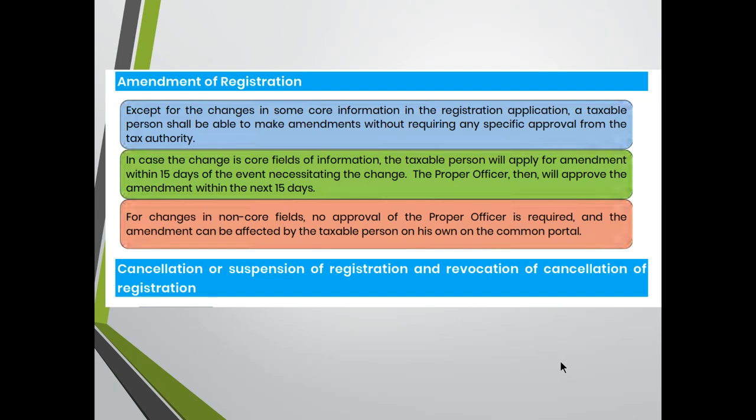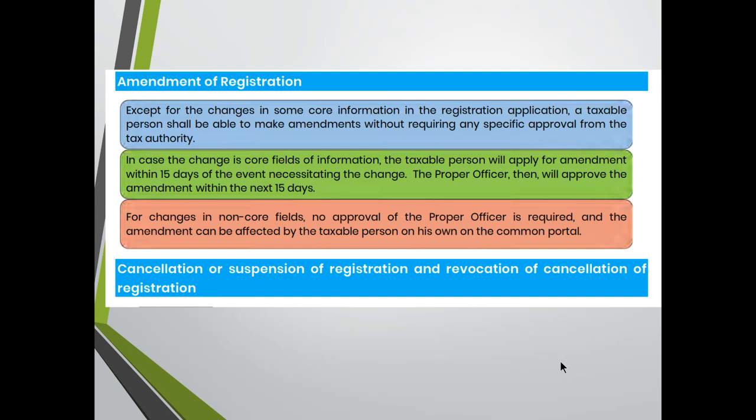In case of the non-core field amendment, meaning email ID, mobile number, or some small things that you want to change, without going for departmental approval, you can change. That is termed a non-core field amendment.